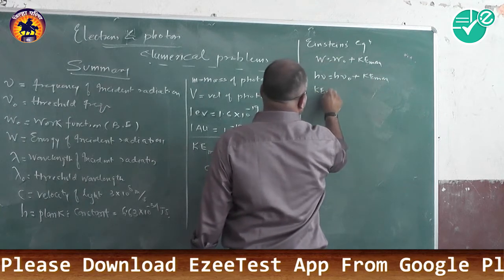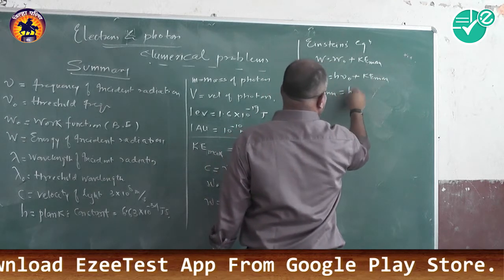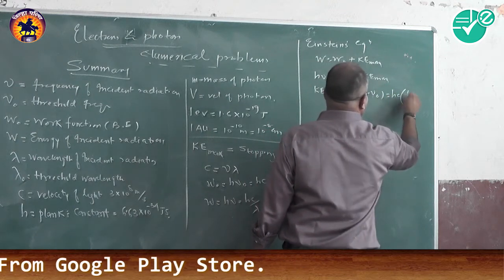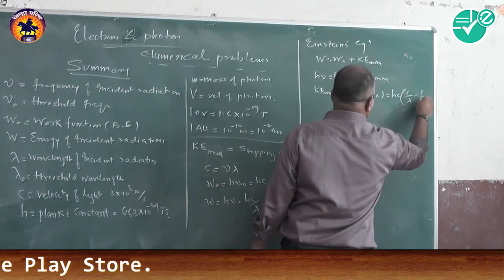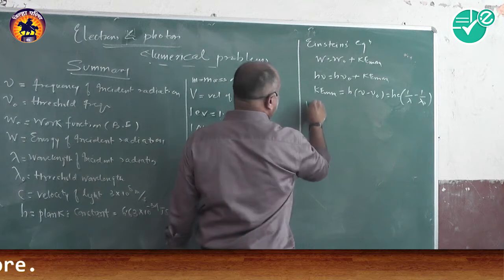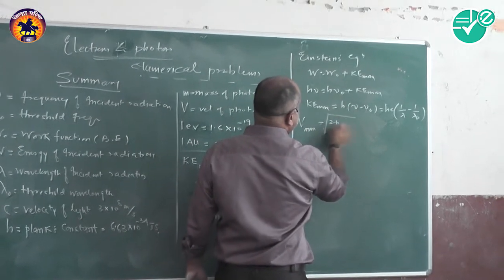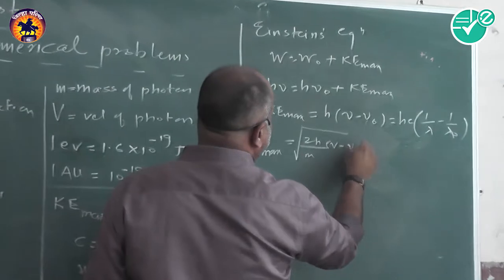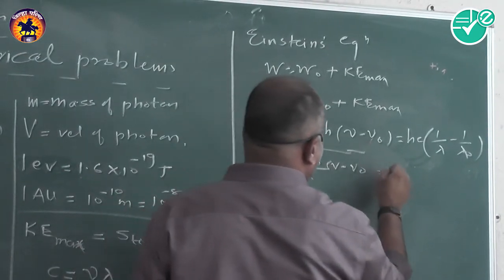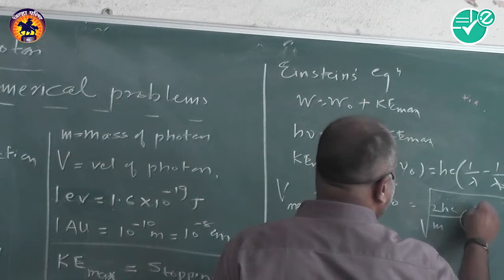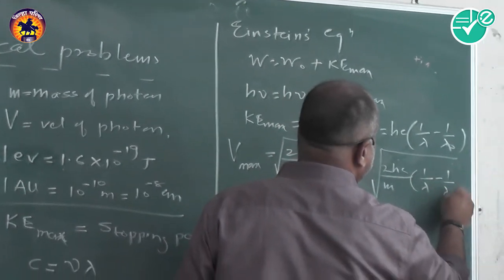So KE max is equal to, I am writing the summary, h into bracket nu minus nu 0, or hc into the bracket 1 by lambda minus 1 by lambda 0, or V max is equal to under root 2h upon m nu minus nu 0, or under root 2hc upon m into the bracket 1 by lambda minus 1 by lambda 0.